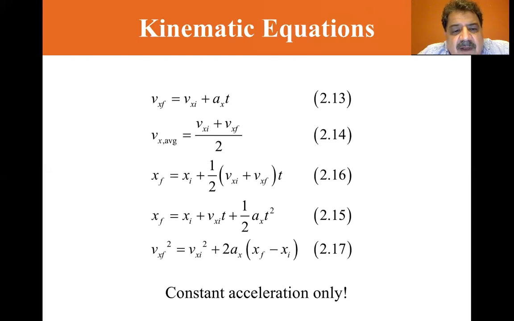And then X final, the final position, equals the initial position plus the velocity times time plus 1/2 acceleration times time squared. And then the last one is Vx final squared equals Vx initial squared plus 2a delta x, or x final minus x initial.